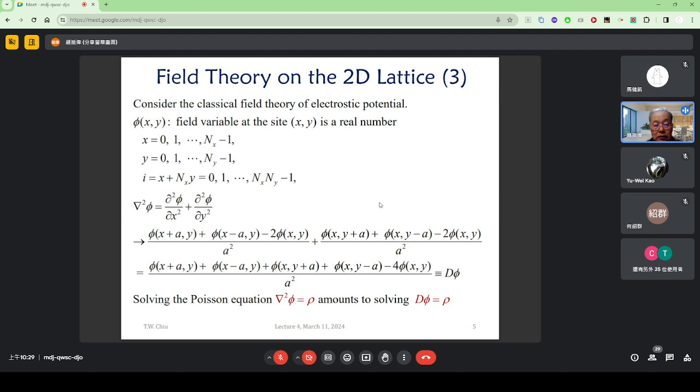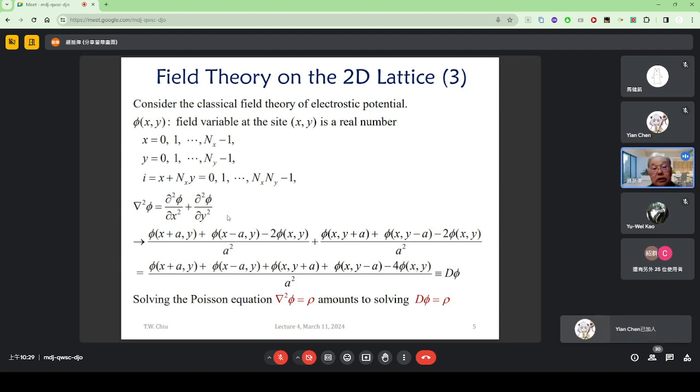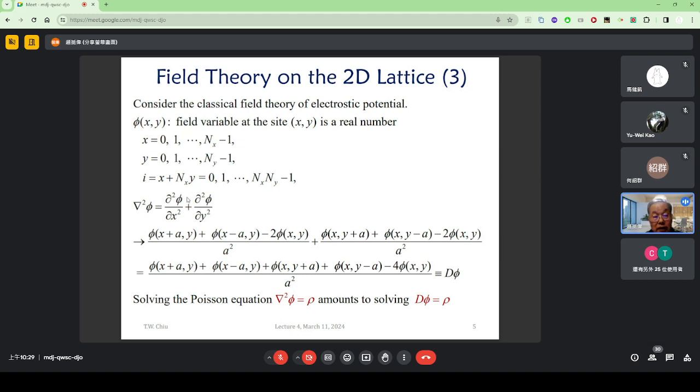The Laplacian in the continuum is the second partial derivative in x plus the second partial derivative in y. So the second derivative of phi in x can be written in a discrete form.